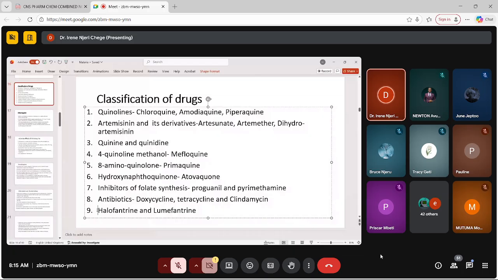Remember, we also said chloroquine is a blood schizonticide, but it was also gametocytal against three species except P. falciparum. Artemisinins have no effect on the hepatic stage. That means they cannot treat P. ovale and P. vivax.